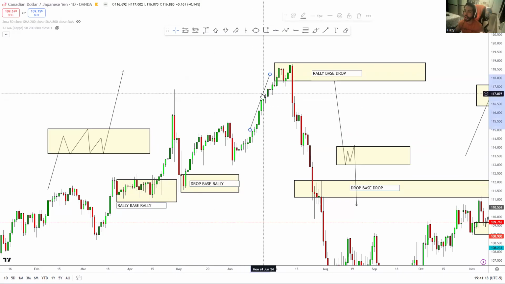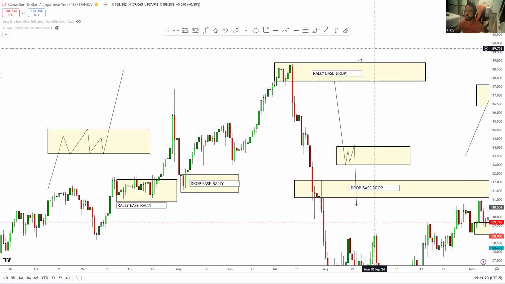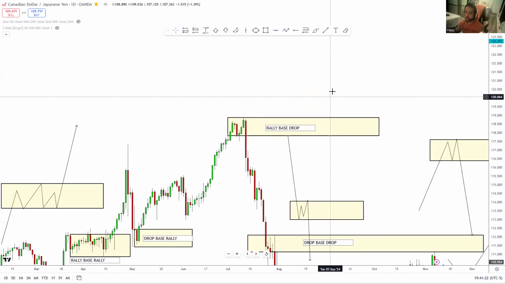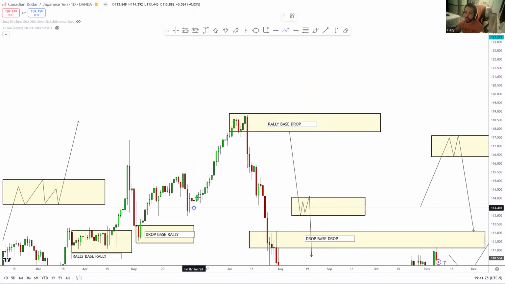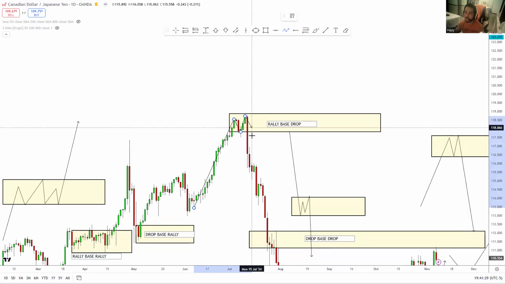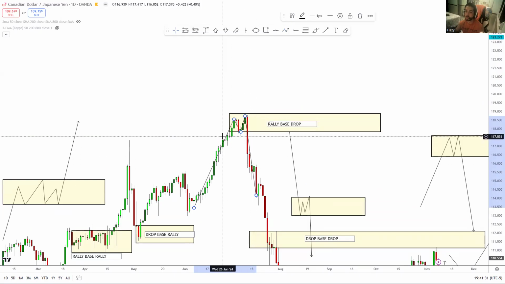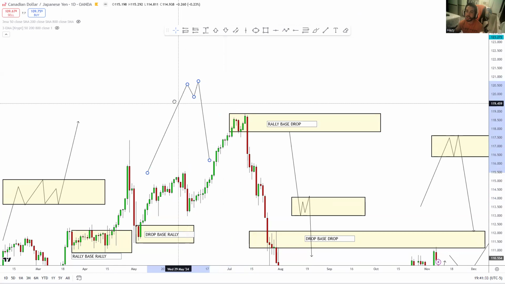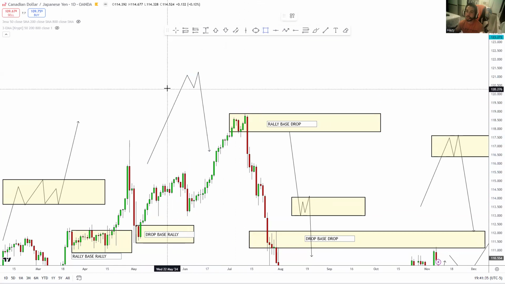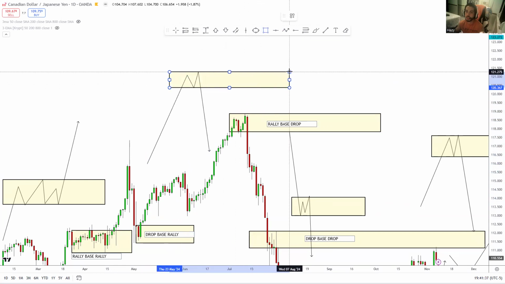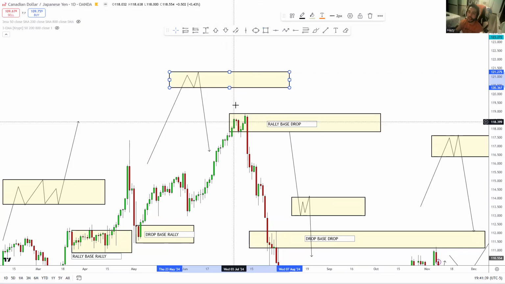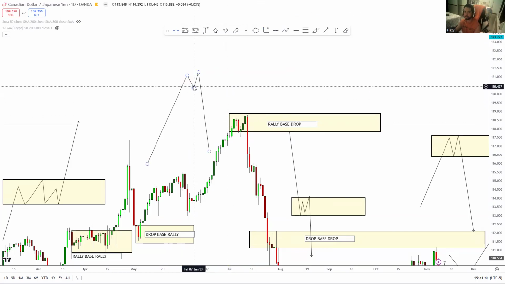Now let's go and see the bearish moves. The first one is a rally. We have this rally. Then we have these indecisive candles, and then we have the explosive move to the downside. And here's pretty much the supply zone. All right.